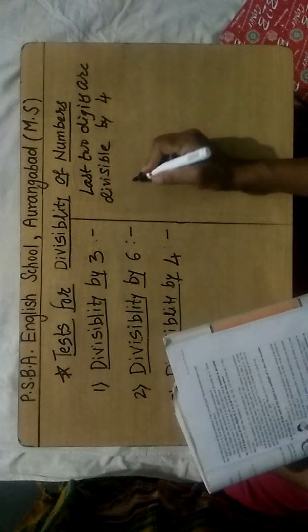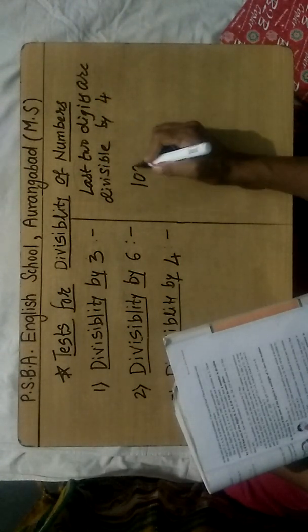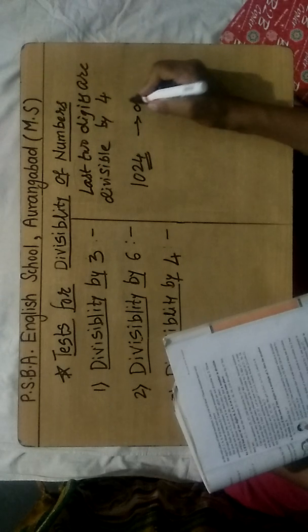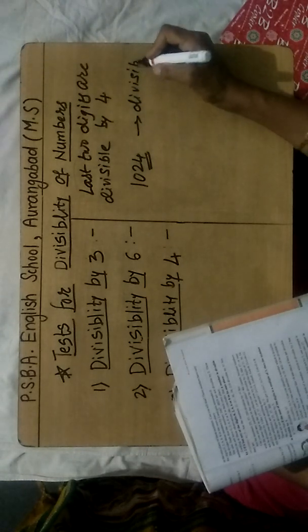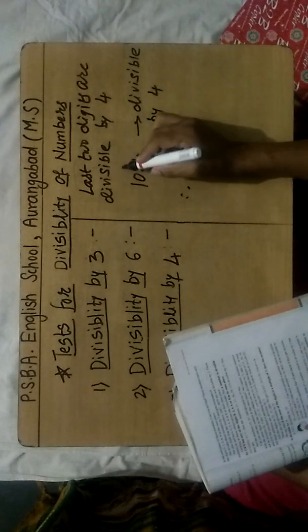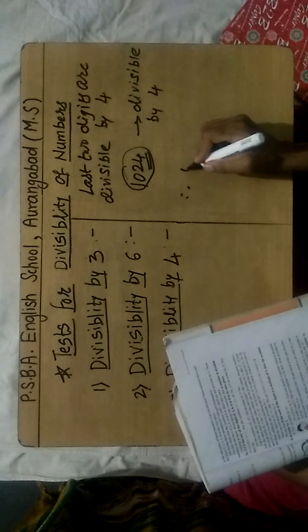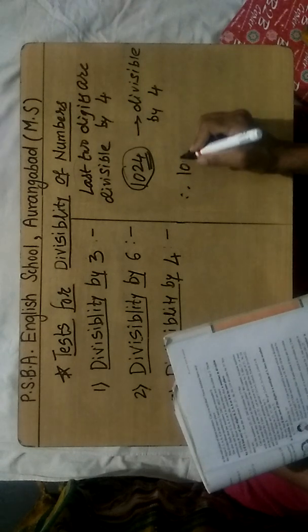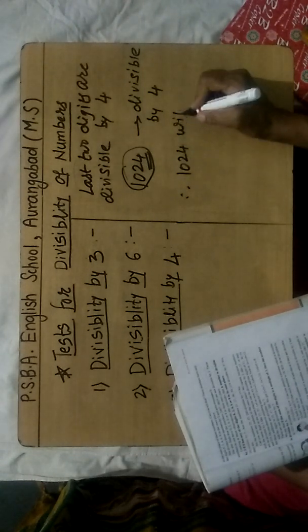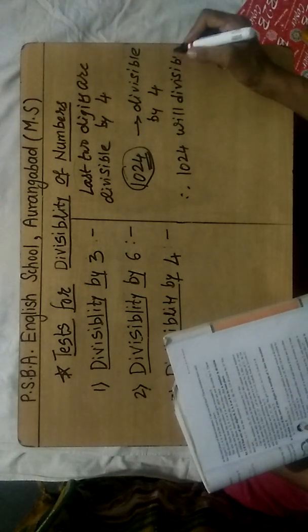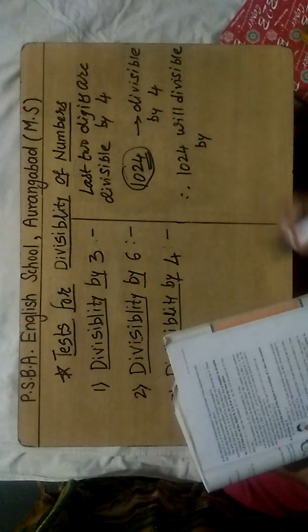As I have taken here the example 1024, here the last 2 digits are 24. They are divisible by 4. Therefore, the whole number 1024 will be divisible by 4. Okay. One more example we will consider here.